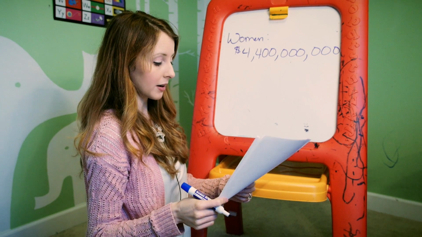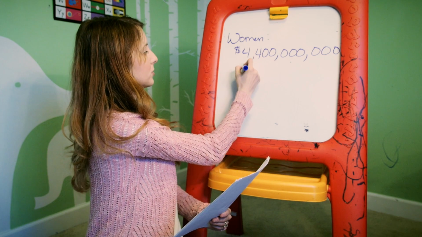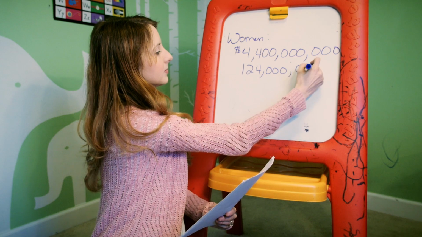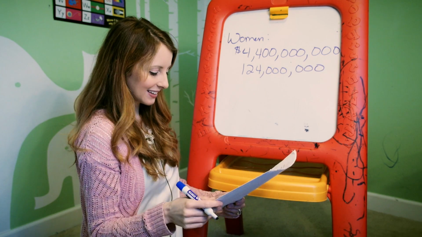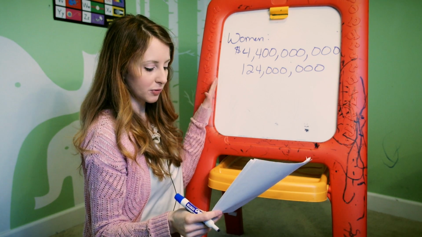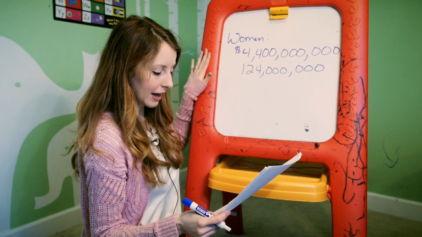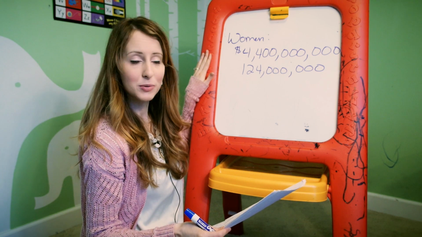And that was on 124 million pairs of shoes. Quite a lot. Before we put the men's totals on there, the problem asks us to turn that into scientific notation.